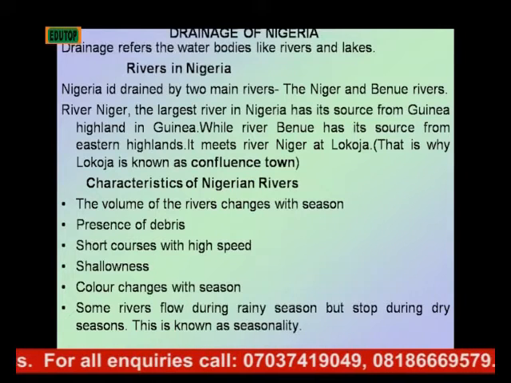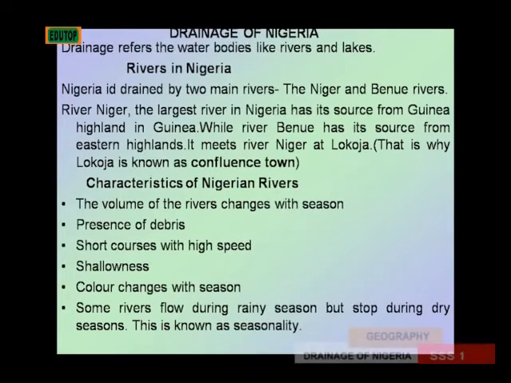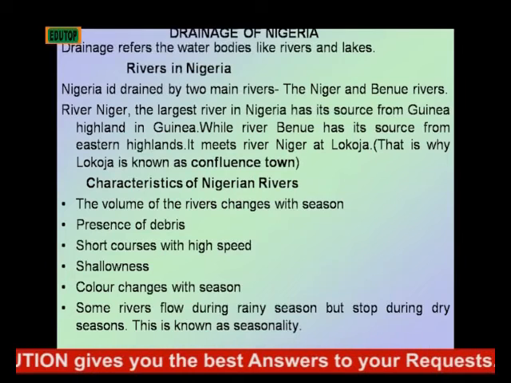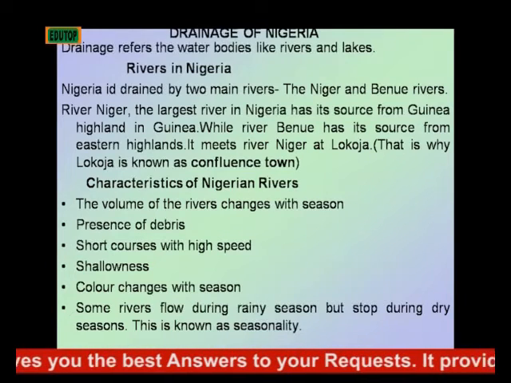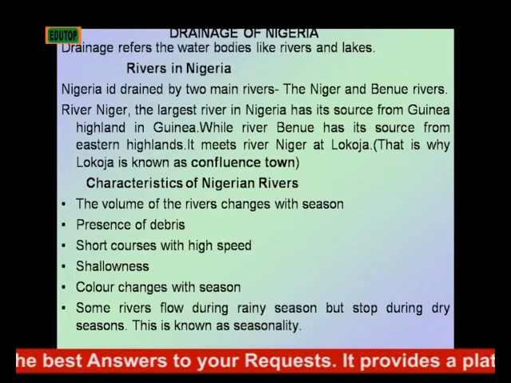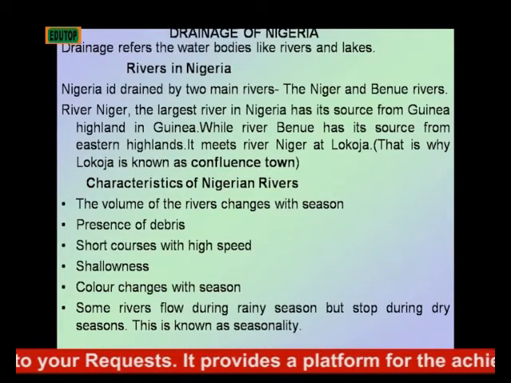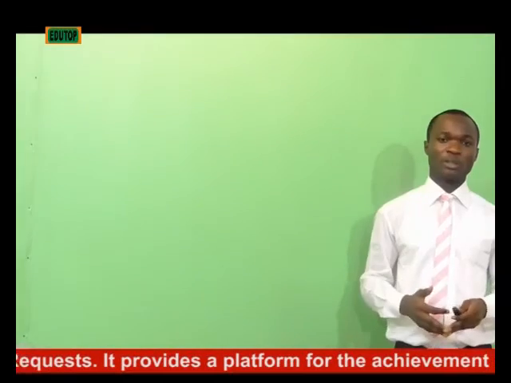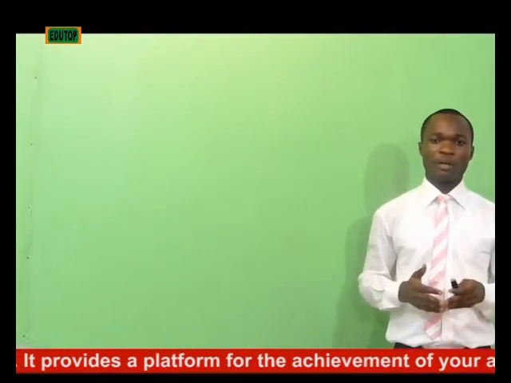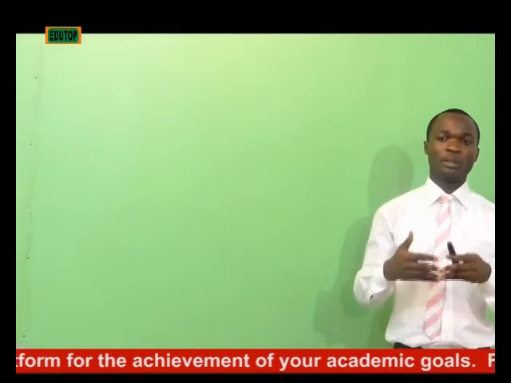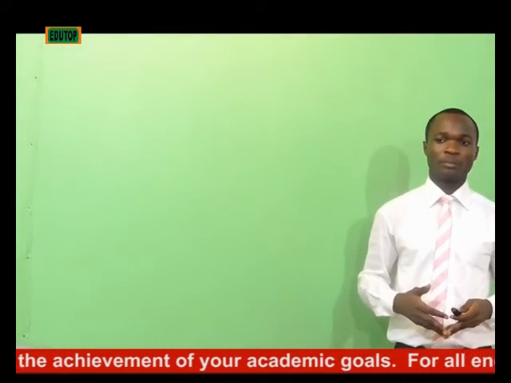And these two rivers meet at a point in Lokoja, and this point is usually called the confluence. That is why Lokoja is commonly referred to as the confluence town in Nigeria, because River Niger and River Benue have a meeting point in Lokoja.